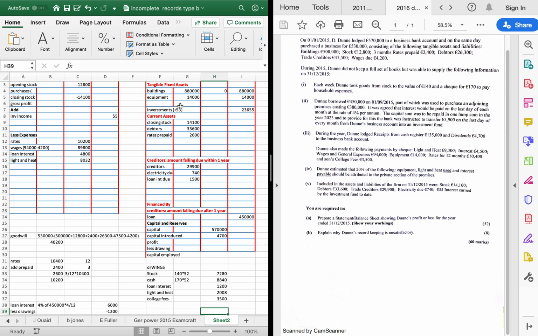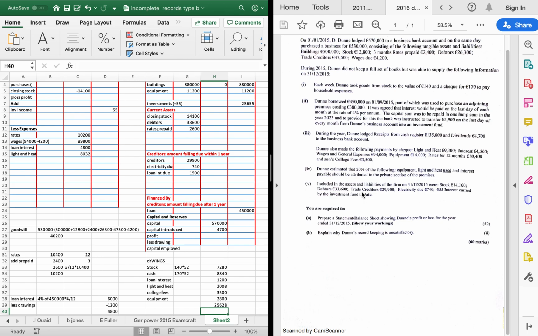That's 11,200. So just check for everything else in. Equipment, light and heat, interest, done all those, everything in. When we add up our drawings, they add up to 25,628. Assume it's right. We can slide everything in.